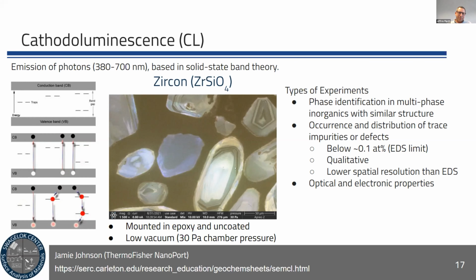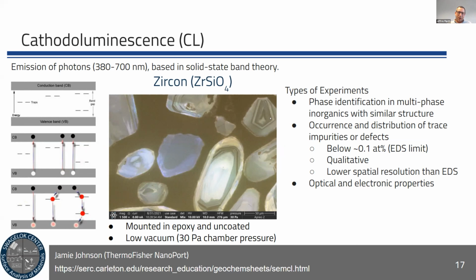And in this case, this is an image taken on the Apreo of a zircon or a zirconium silicate. In this sample, again, this is done in low vacuum. So this is an insulating sample mounted in epoxy, no metal coating. And you can see the zoning of trace elements that are occurring throughout the sample.